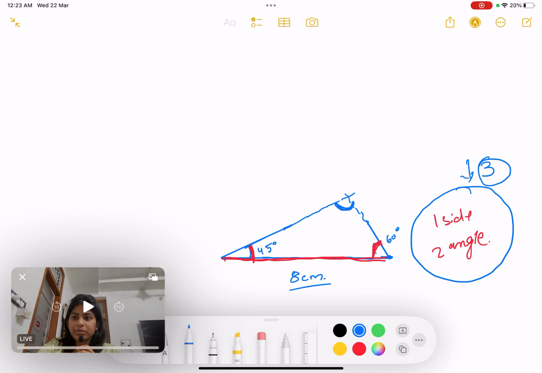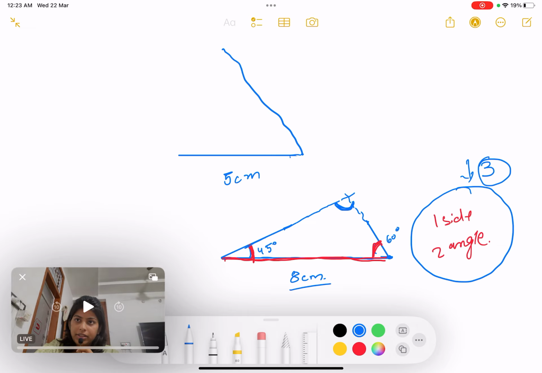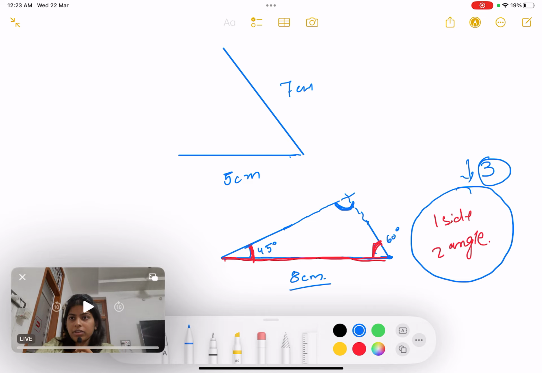Let's take another example. Suppose again I decide on one side of the triangle should be 5 centimeter, and then one angle would be 60 degrees, and the length is 7 centimeter and the angle is 60 degrees. Then what are the other parameters left?